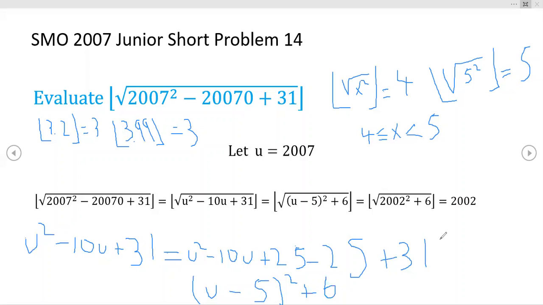In other words, we have 2002 squared plus 6.